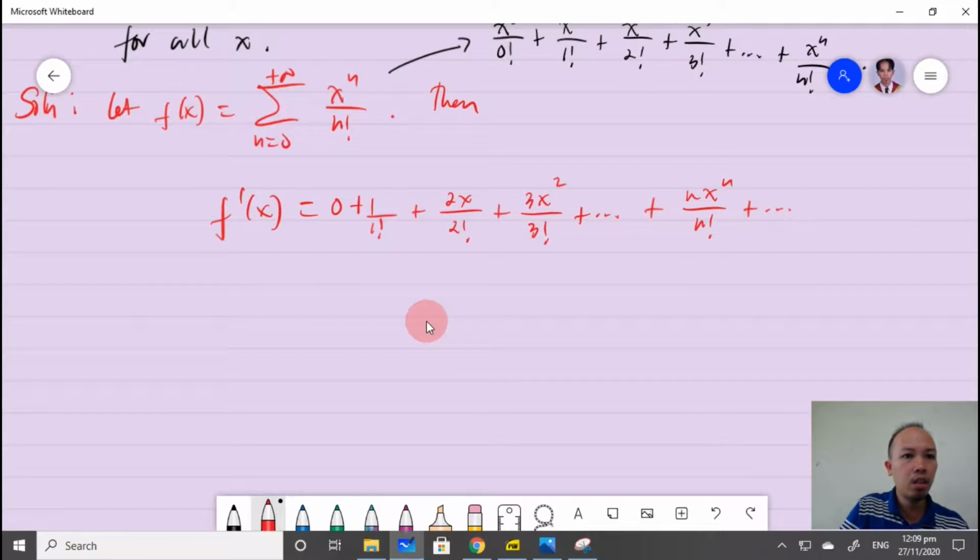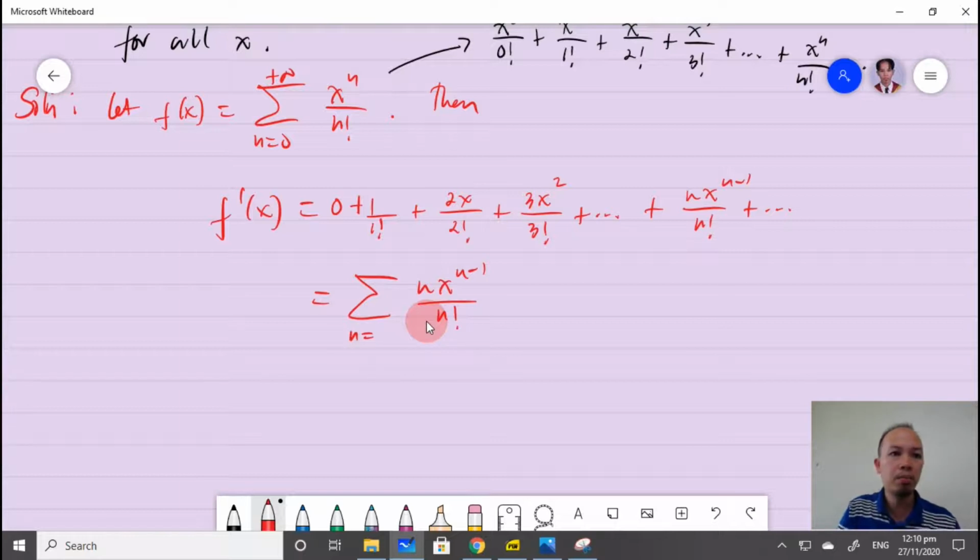If we are going to write it in the summation notation form, we can write it as this one. Copy this n term and x to the n, sorry, this is n minus 1, over n factorial.